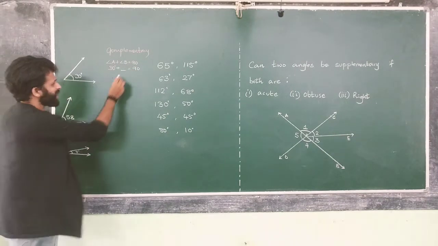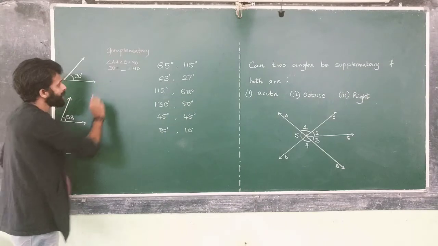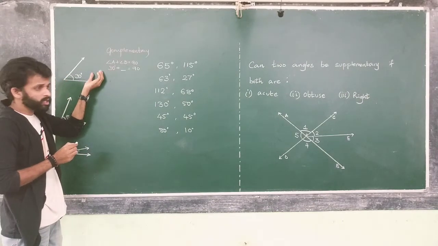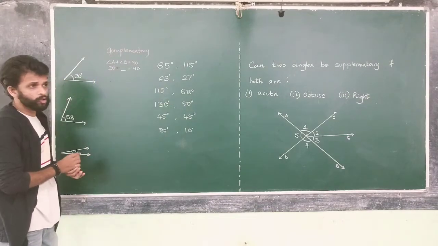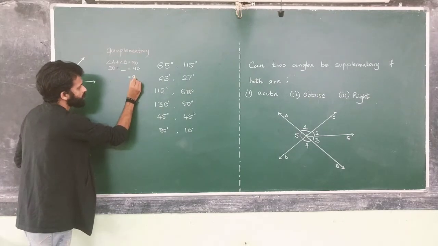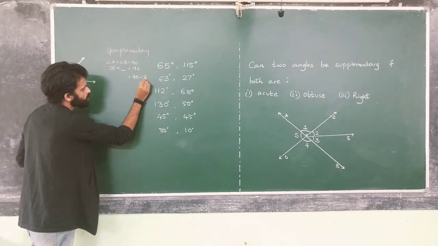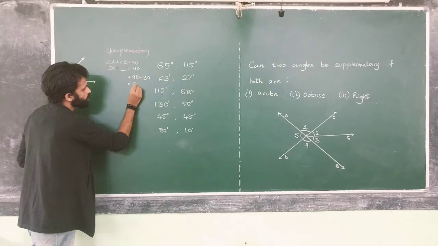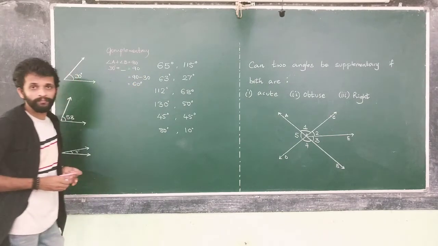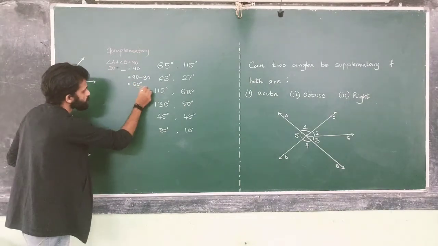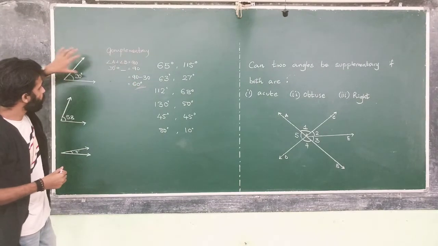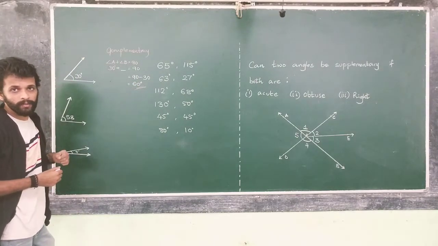So I'll keep this angle B on this side only and take this 30 from the left hand side to the right hand side. So this will become 90 minus 30, which will give me 60 degrees. So this is nothing but the complement of this angle.